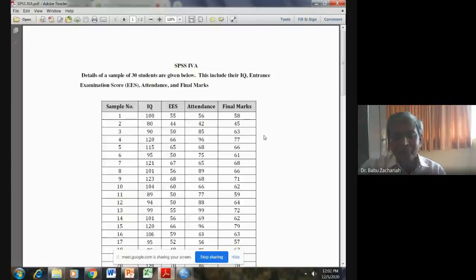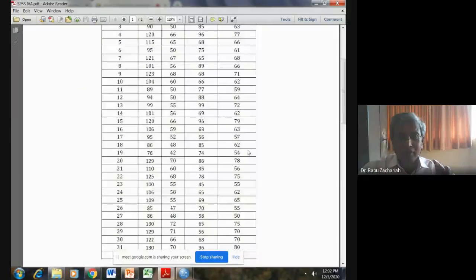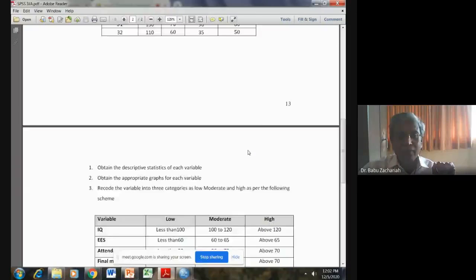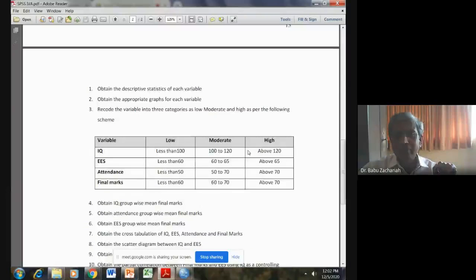The final marks may depend on your IQ, your attendance, and also your original talent, which is measured through the entrance examination score. Here I have given a set of 32 students. The data is given and a number of questions are asked.